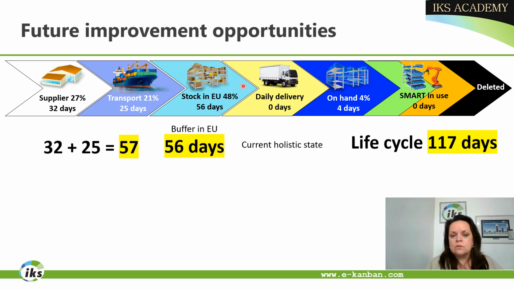As you count and calculate the life cycle from the moment when the goods pallet is born till the full consumption, it is 117 days, which is almost a third of the year. So the life cycle takes 4 months.